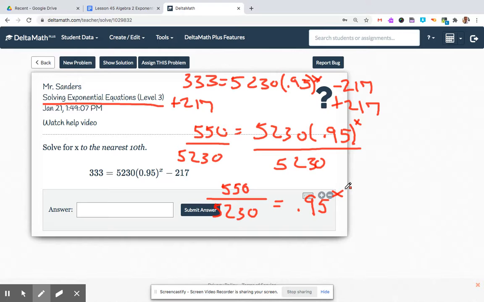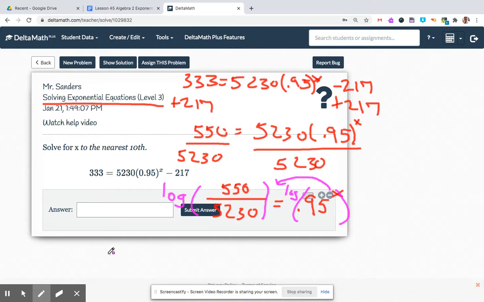And I like the trick that they've been using. Just do log of both sides. So I'll just change colors on this so I don't have to rewrite all that. It's log of this side, base 10. Log of this side. Okay, and then remember, exponents move out front.